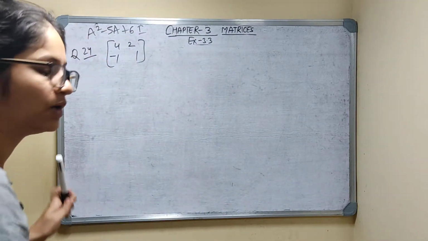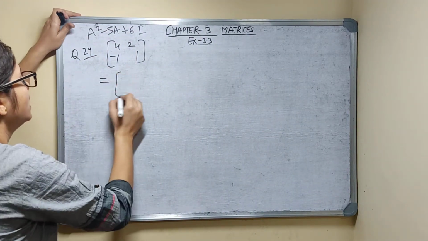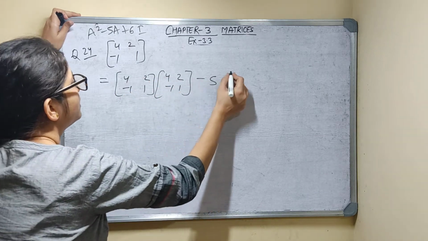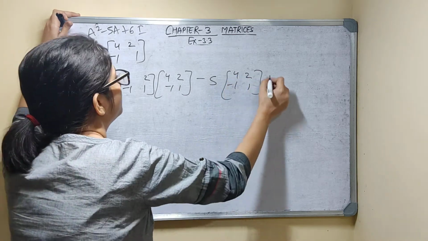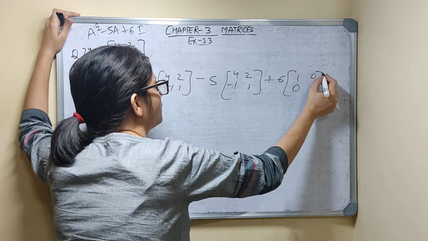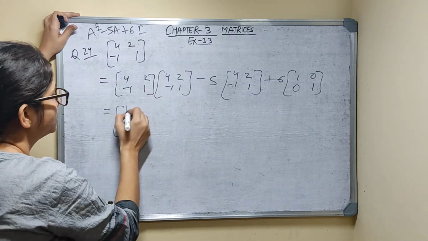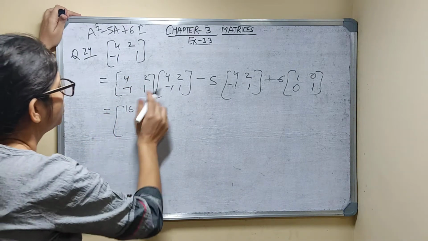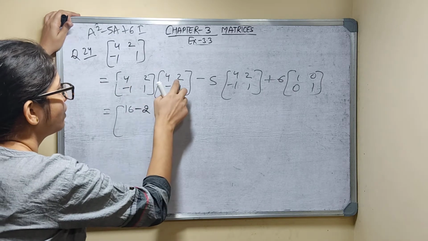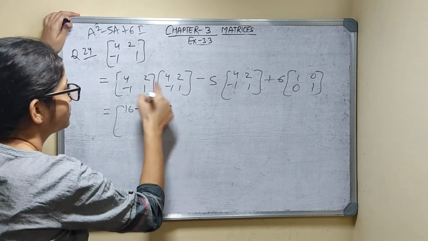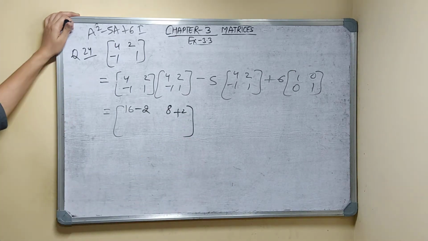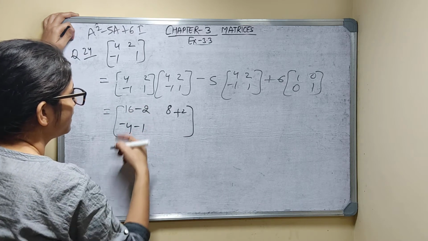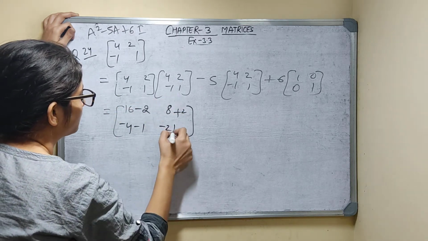LHS we simplified. Now we are putting this. A square, so [4 2; -1 1] times [4 2; -1 1], minus 5 into [4 2; -1 1], plus 6 into I, that is [1 0; 0 1]. 4 fours are 16, plus 2 into -1 is -2. 4 into 2 is 8, plus 2 into 1 is 2. -1 into 4 is -4 plus 1 into -1 is -1. -1 into 2 is -2 plus 1 into 1 is 1.